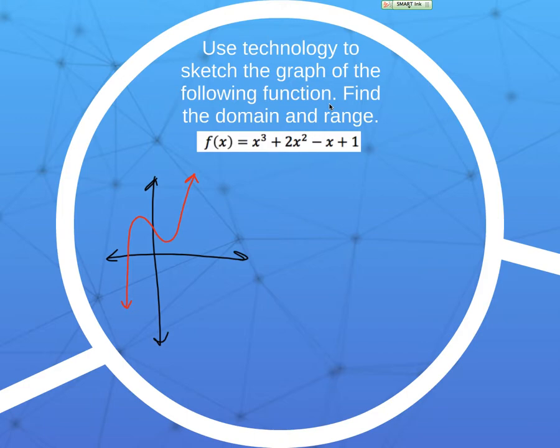So if I think about my x values, are there any x values that I can't have? No, I could keep going, and if I keep going negative, it's going to keep going. So for my domain, all those x's work. So remember, we write x is a real number. What about the range? If I'm looking at my y values, do you think that those are ever going to stop?